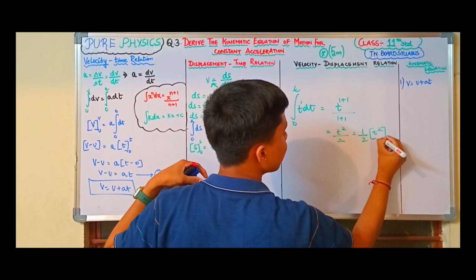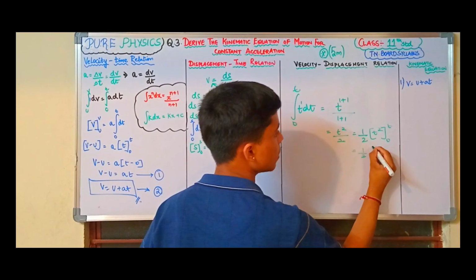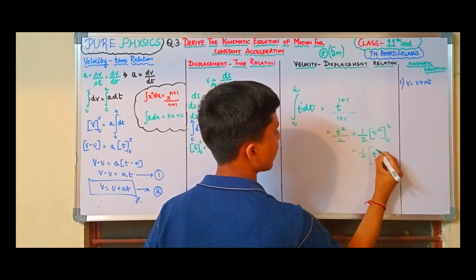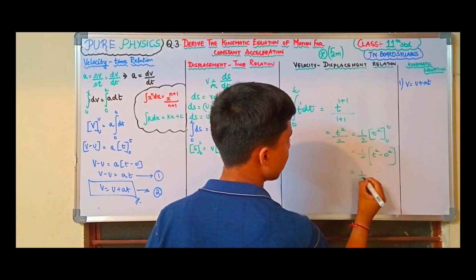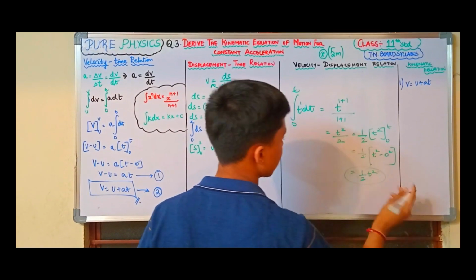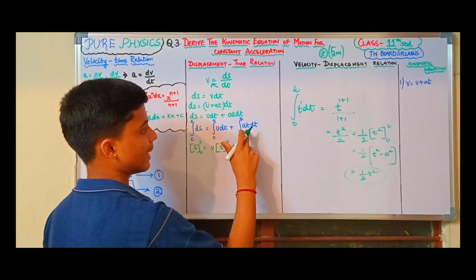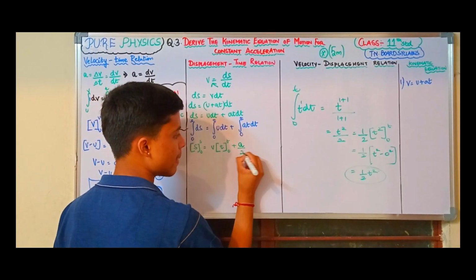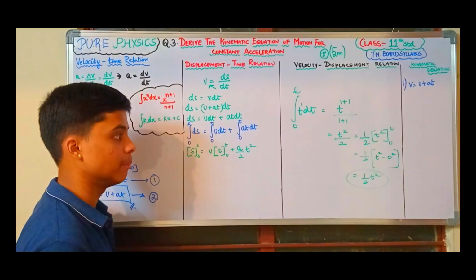Applying the limits 0 to t, I get 1 by 2 into t square minus 0 square, where you will be left with 1 by 2 t square. So this will be your answer here. So when you integrate at dt, you will get a by 2 t square.